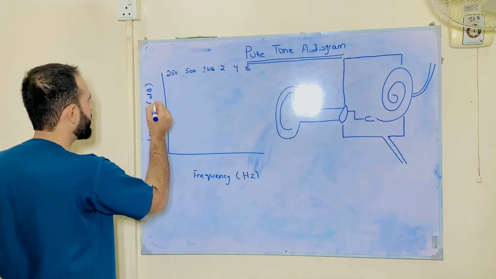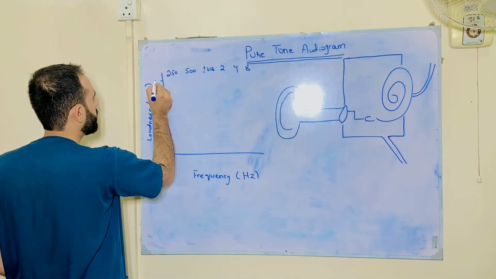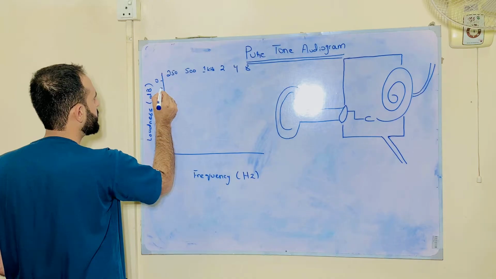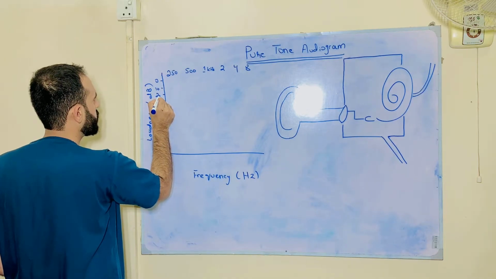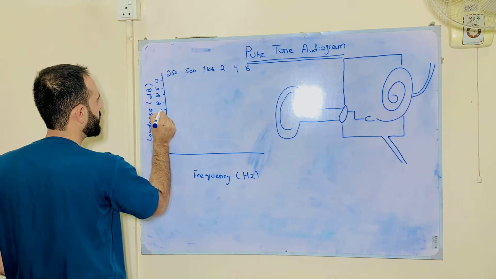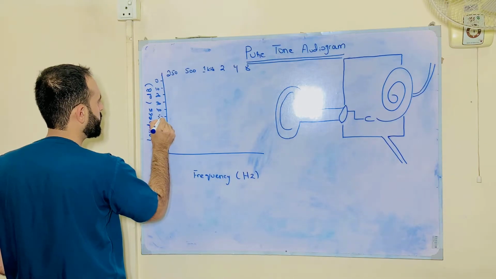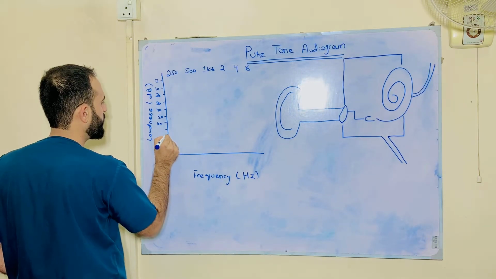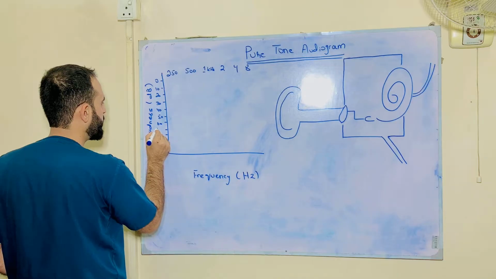And the loudness that I'm going to be testing is 0 decibels, 10, 20, 30, 40, 50, 60, all the way to 100.